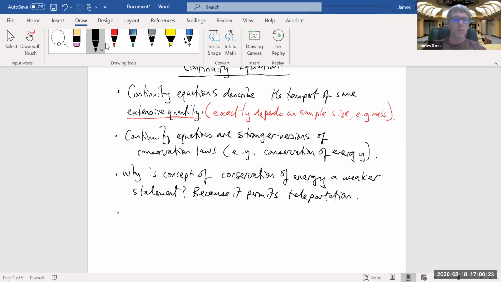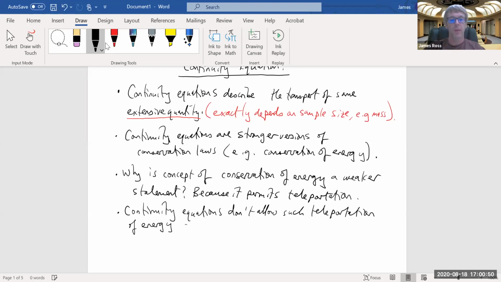So continuity equations don't allow such teleportation of energy, in this case, because we're looking at energy, since energy can only move via a local continuous flow.